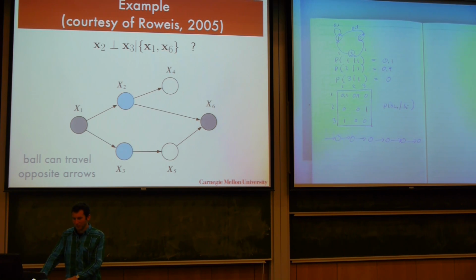So which variable would I have to observe for x2 and x3 to become conditionally independent? Suppose I let you observe two variables. Which one would I have to observe for x3 to be conditionally independent of x2? 1 and 5, exactly.